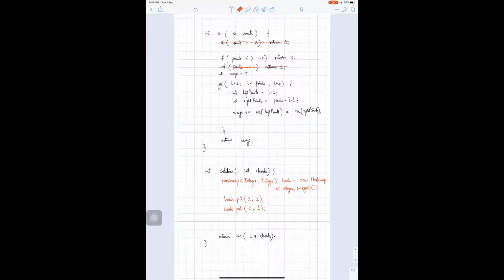In fact, what we can write is if hash dot get points is not equal to null, then return hash dot get points, right?